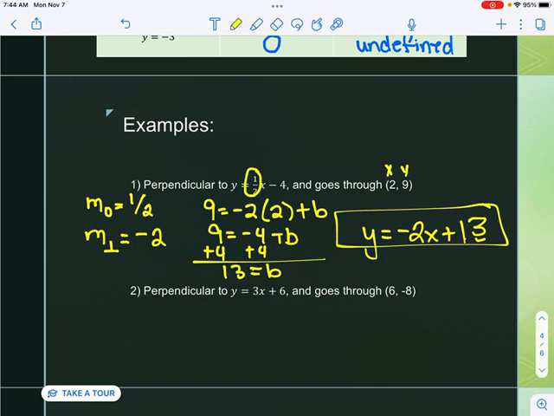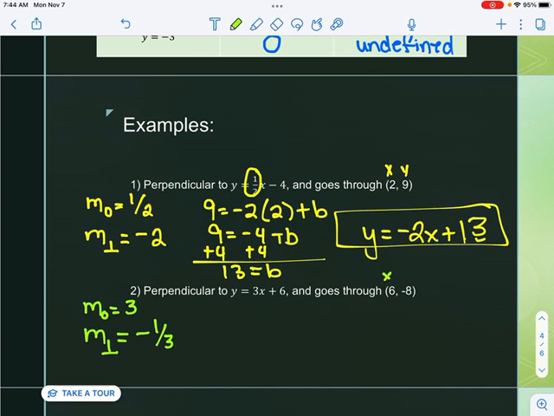Okay, let's try another one. On this second one, the slope of my original is 3. The slope of the perpendicular, remember, it's a +3 to start, so now it's going to be negative. If I take 3 and flip it, make its reciprocal, it becomes -1/3.